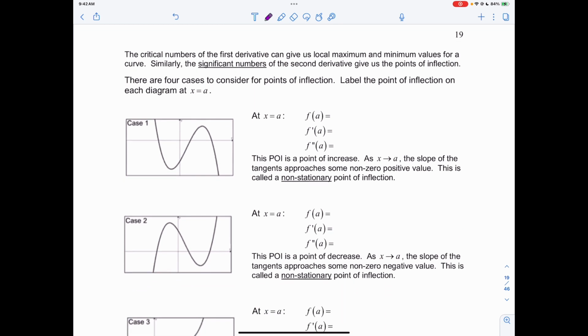The critical numbers of the first derivative give us the local maximum and local minimum values for the curve. Similarly, the critical numbers of the second derivative give us the points of inflection.